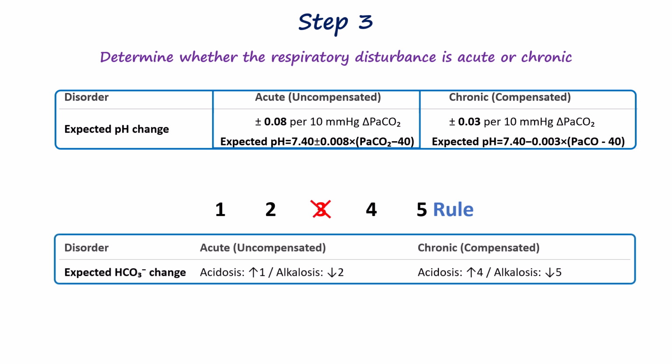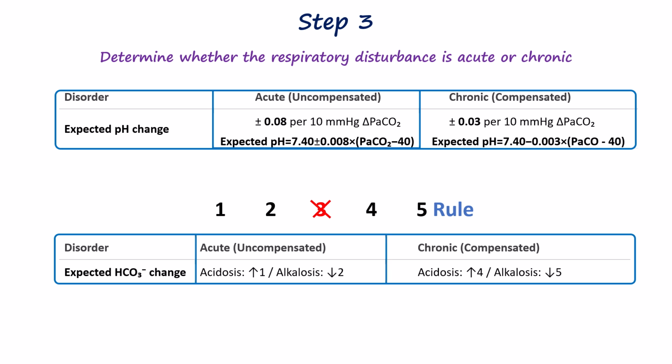In acute respiratory acidosis, bicarbonate rises only slightly by about 1 millimole per liter, while in acute respiratory alkalosis, it falls by 2 millimoles per liter, reflecting the body's limited initial compensatory capacity. In contrast, chronic respiratory disorders show more pronounced bicarbonate adjustment due to renal compensation, rising by 4 millimoles per liter in acidosis or dropping by 5 millimoles per liter in alkalosis.